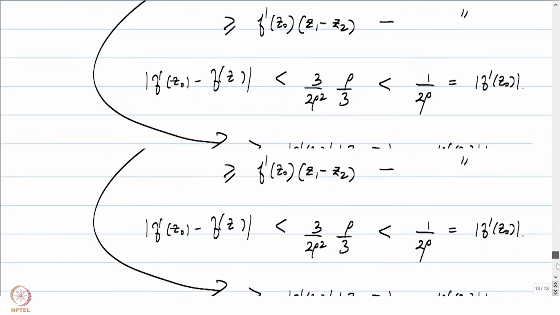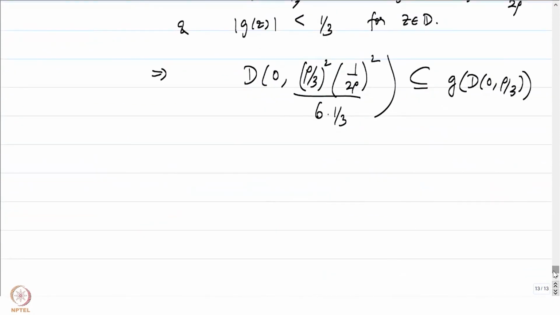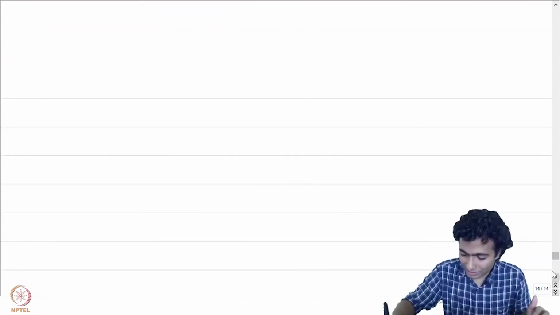Let's now go back to where we are. This is just going to be equal to r square rho square by 3 square into 2 square rho square, that's the numerator, by 6 times 1 by 3, which is 2. This is just going to be equal to 1 by 9 into 8, which is 72. And that's precisely where we are ending up with. So it's actually tailor-made.